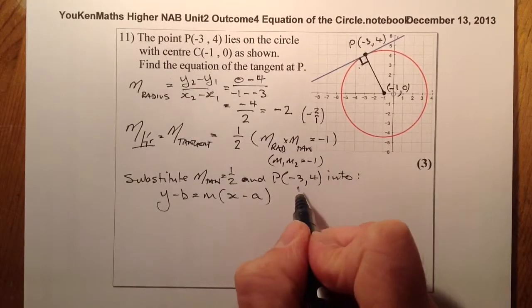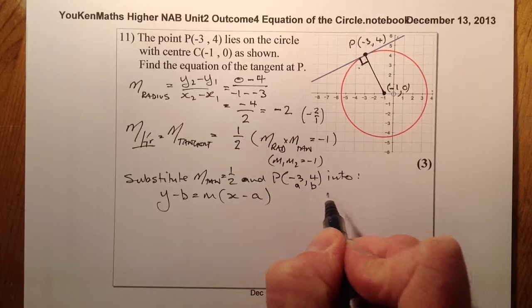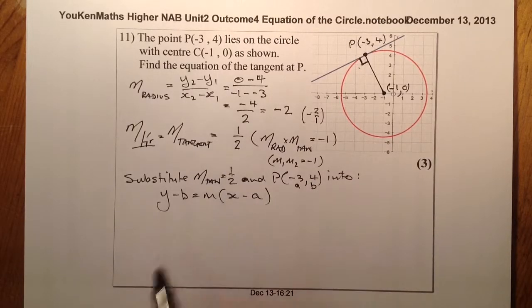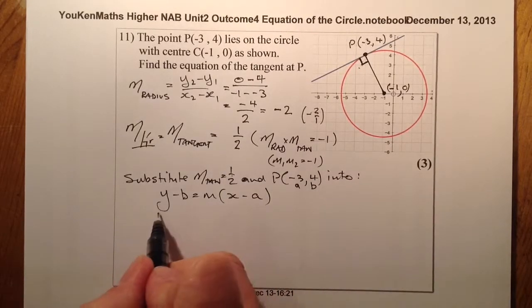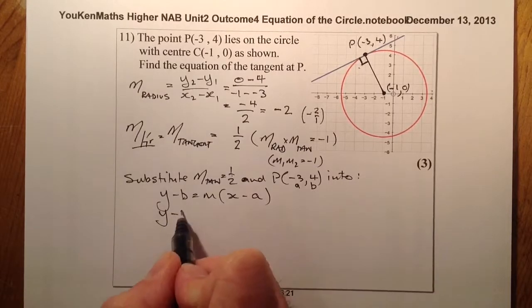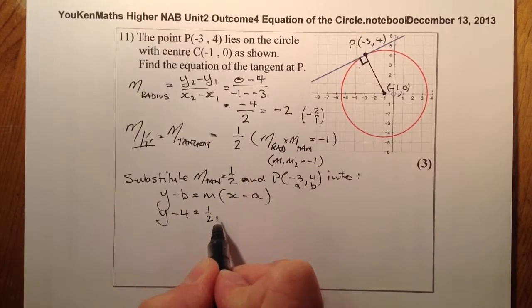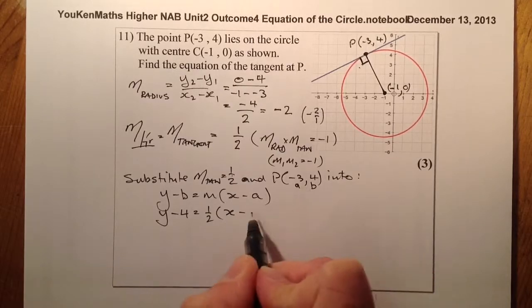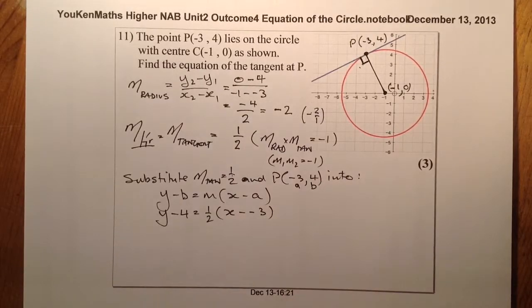Right, so remember, this is my a value here, that's my b value there, that's my m, my gradient. Right, so y minus b, which is 4, is equal to a half, and that's going to be x minus, and that's a -3 that's going to be sitting there.